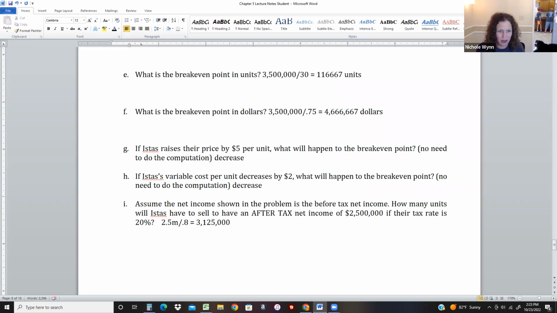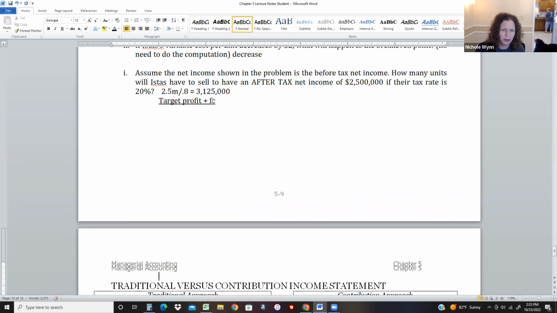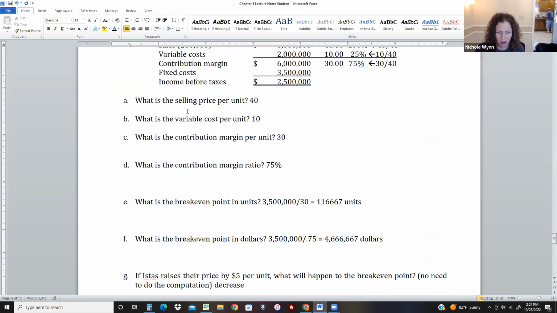So to find the number of units, I would say my target profit plus fixed cost divided by CMPU. So 3,125,000 and fixed cost of, what were the fixed costs? 3.5 million.